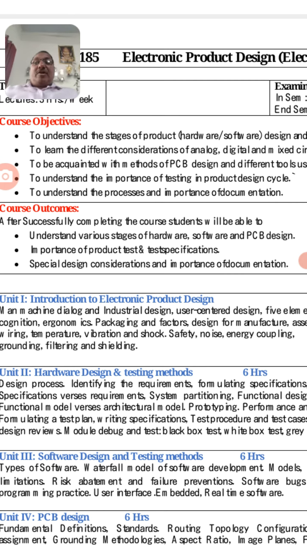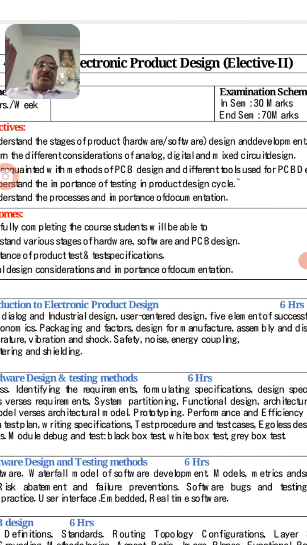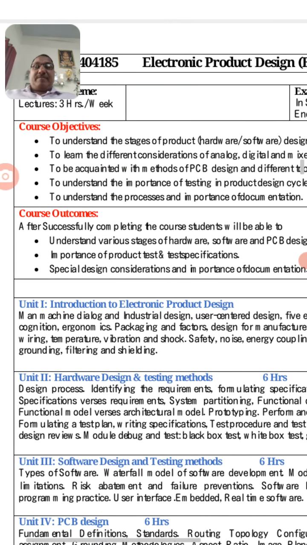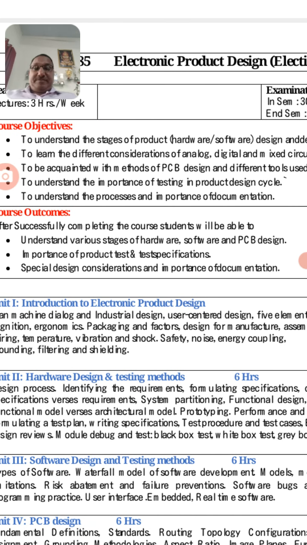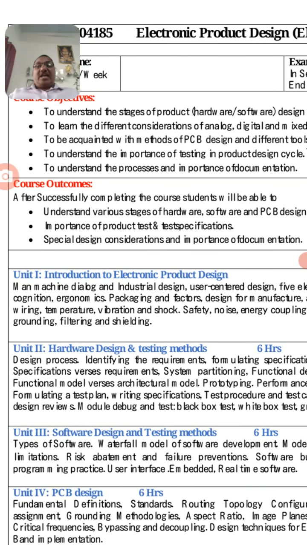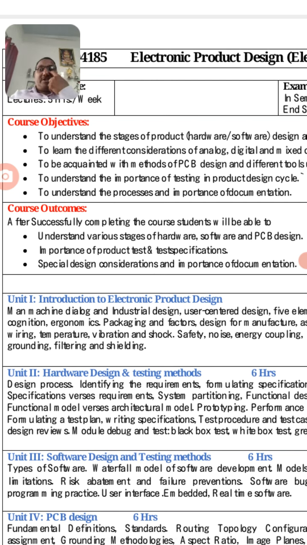Third objective is to be acquainted with methods of PCB design and different tools used for PCB design. Fourth objective is to understand the importance of testing in the production design cycle, and to understand the process and importance of documentation. These are the few objectives of the syllabus.